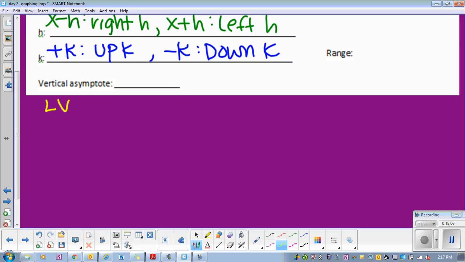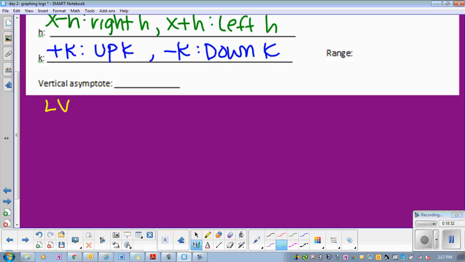Well, just to help you remember LV, I always think Louis Vuitton. I mean, it's silly, but hey, Louis Vuitton. Some of my students in the past have said it looks like love. Okay, you can think love. You think love, I think Louis Vuitton, whatever, right?